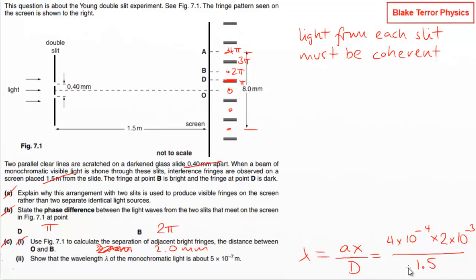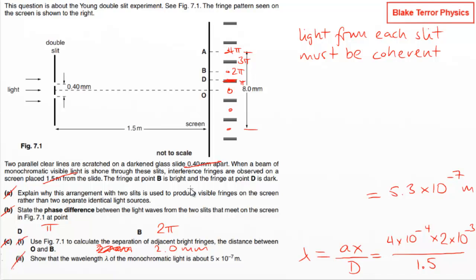So that is 8 times 10 to the minus 7 divided by 1.5. 8 over 1.5 is 5 1/3, isn't it? So that's going to be 5.3 times 10 to the minus 7 meters. Right, so that's all good.